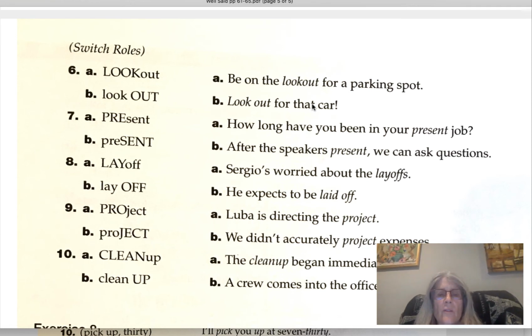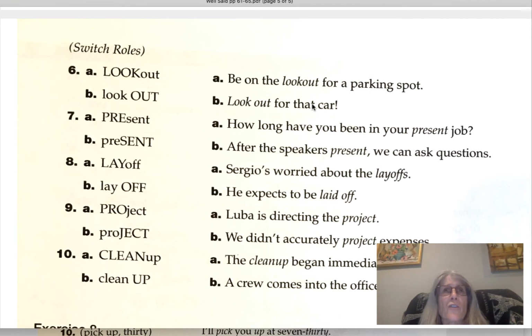And that's an actual state, layoff, okay? Being unemployed. But when someone does that to you, when the business actually not fires you, but actually lets you go because there's no jobs to be had, then you were laid off. Lay off. Okay, so he expects to be laid off.